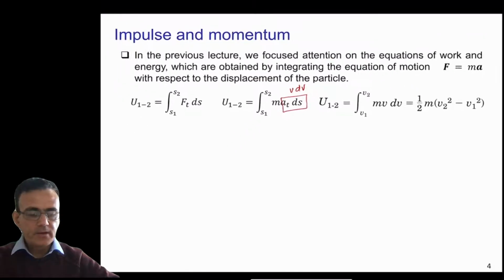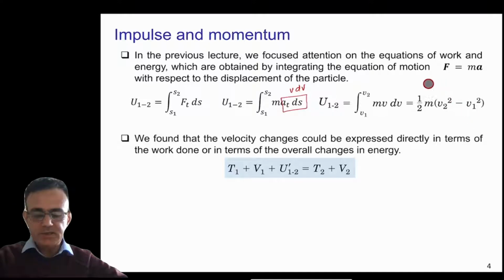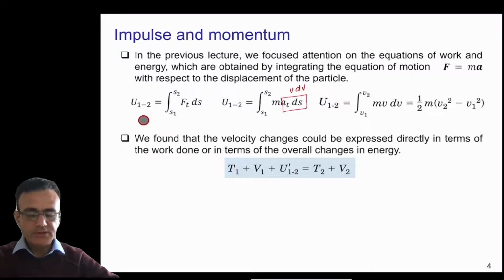In the previous lecture, we found that the velocity change could be expressed directly in terms of the work done, or in terms of the overall change in energy. So we derived the equation T1 plus V1 plus U12 equals T2 plus V2.